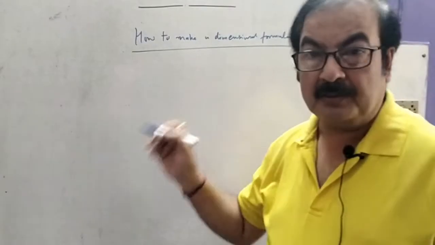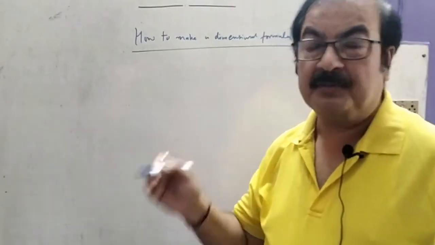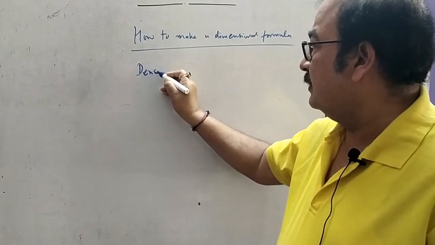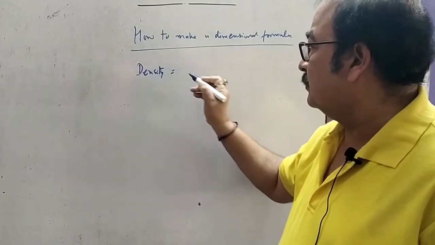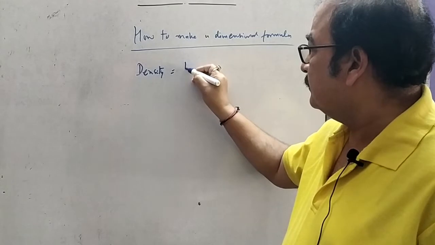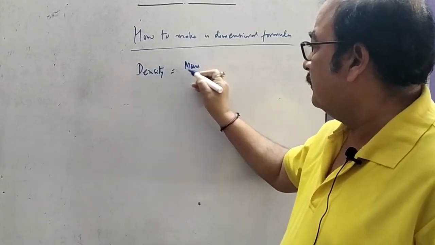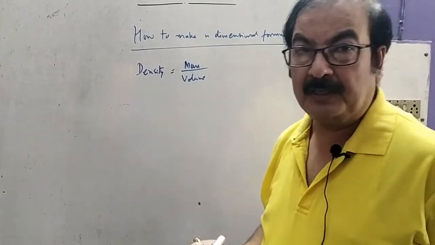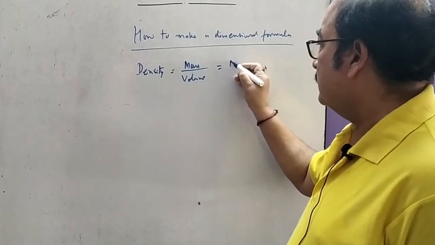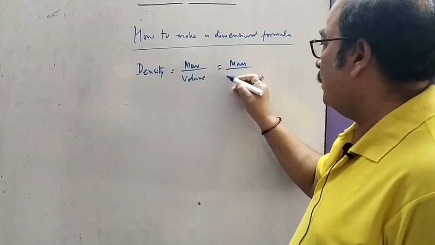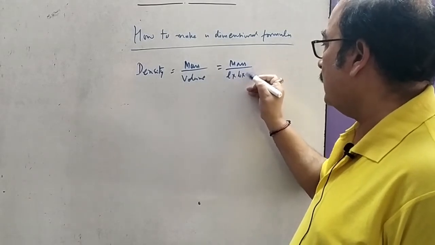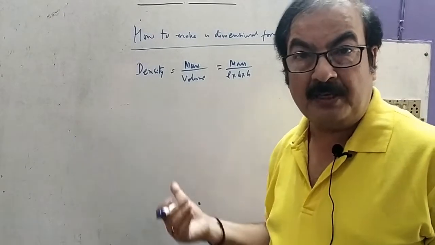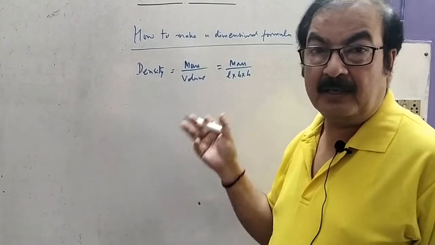Suppose we want to determine the dimensional formula of density. Density equals mass upon volume, that is mass upon length into breadth into height. Remember, length is length, breadth is also a length, and height is also another length.